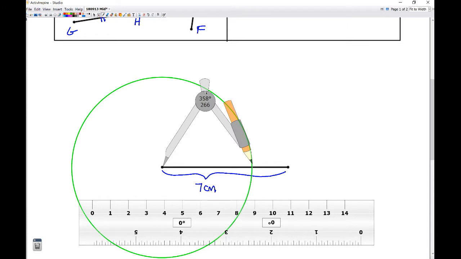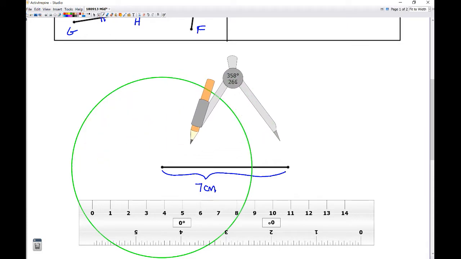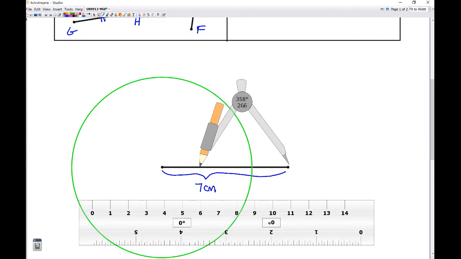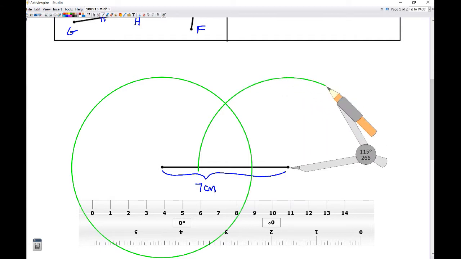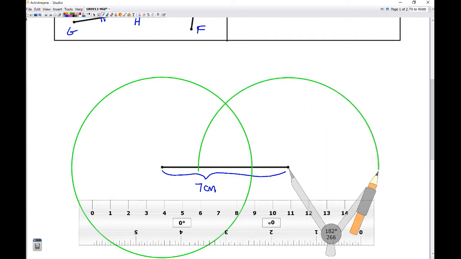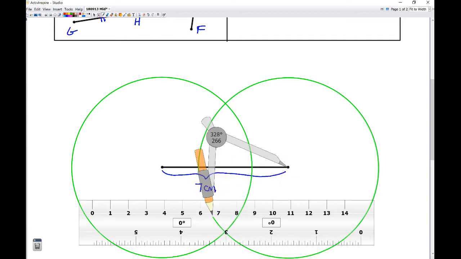you're going to take the point of your compass and go to the other side of your line segment, but you're going to keep the same 5 centimeter opening. So keeping the same 5 centimeter opening, you're going to set your point at the other side of your line segment and create another full circle all the way around from the other side.